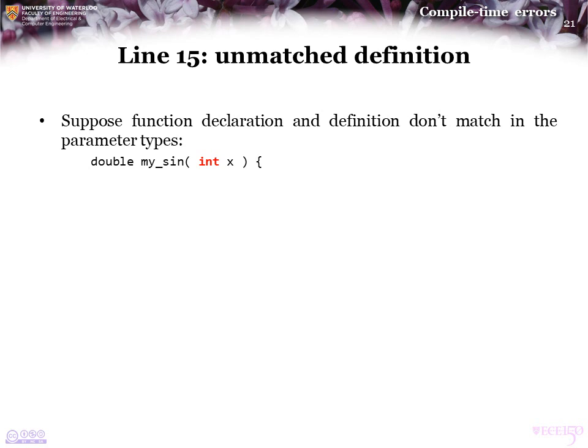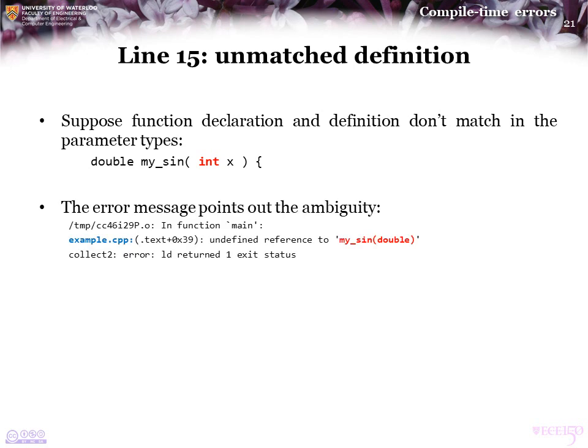So you'll recall that the function declaration had a parameter of type double, whereas if your definition has a parameter of type int, the error message is trying to say, look, inside main you are explicitly calling my sign with a double. You've also explicitly told me that there exists a version of my sign that takes double as an argument.